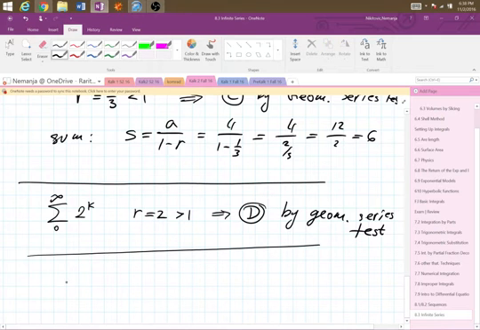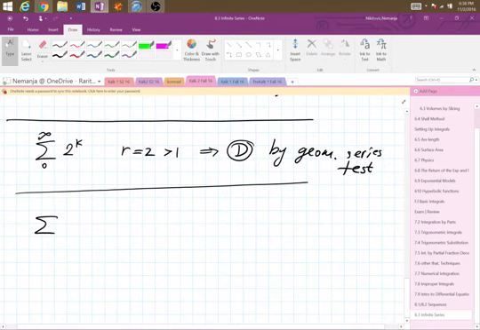All right, summation of 3 times 5 to the negative k from 0 to infinity. Yes, it's negative k.